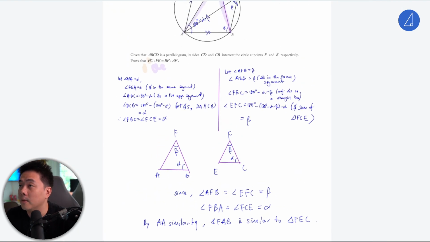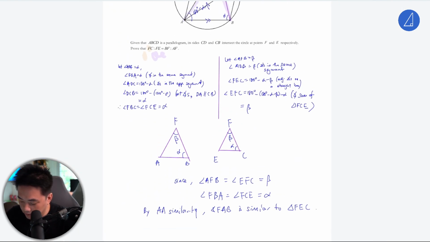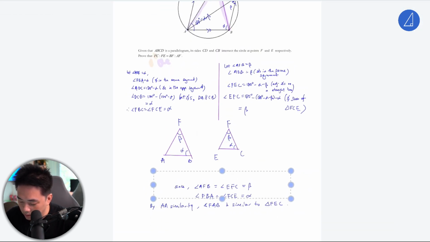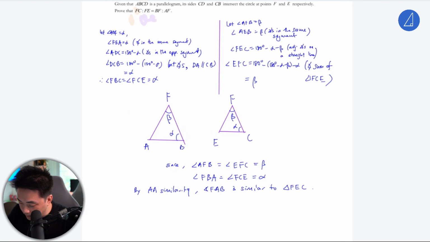Okay, so that's it. Then we need FC, FE. So hence, using the ratio of similar triangles, this will tell you that.